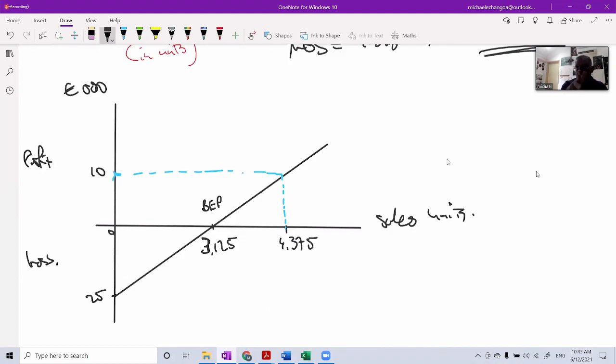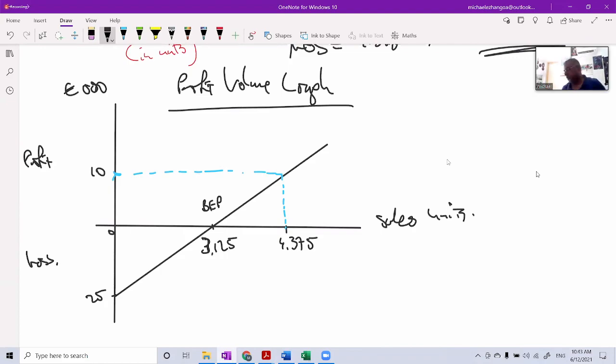Can you follow? This is a profit volume graph. A profit volume graph just presents information in a slightly different way. That's all.